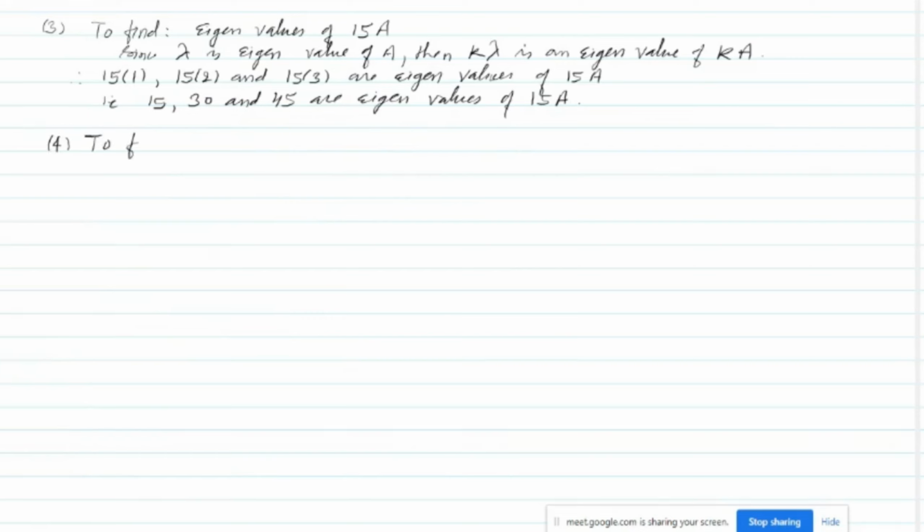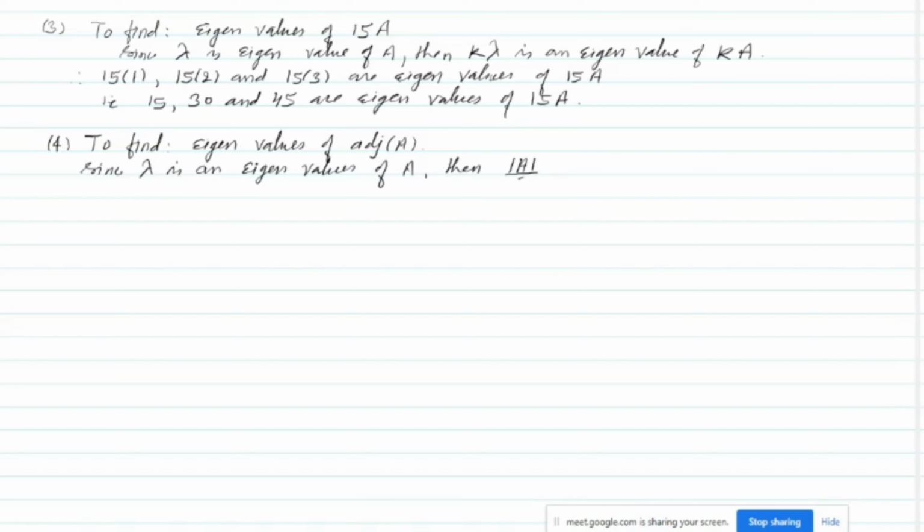To find the eigenvalues of the adjoint of the matrix A. Okay, again we write here, since lambda is an eigenvalue of A, then determinant of A by lambda is an eigenvalue of the adjoint of matrix A.